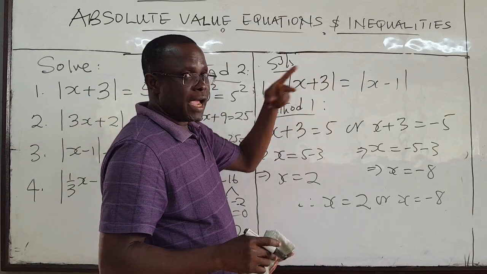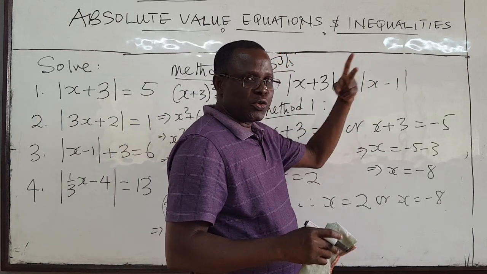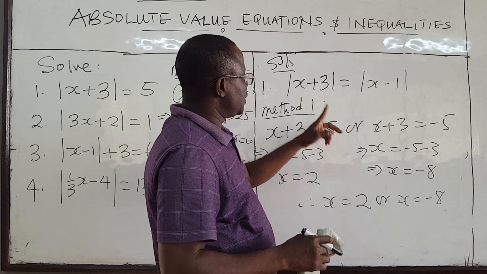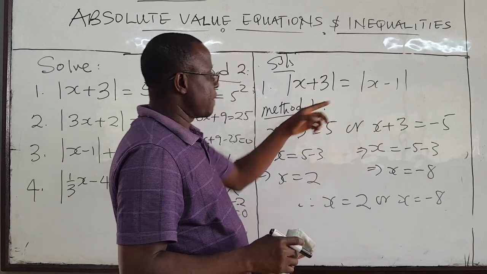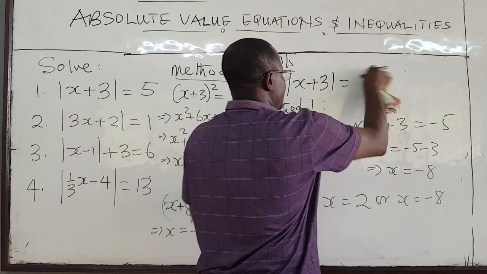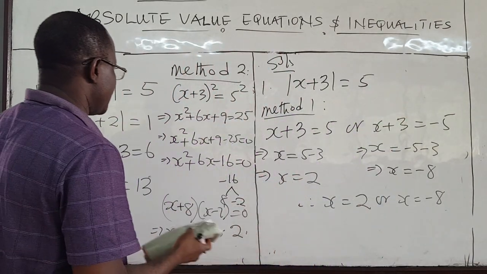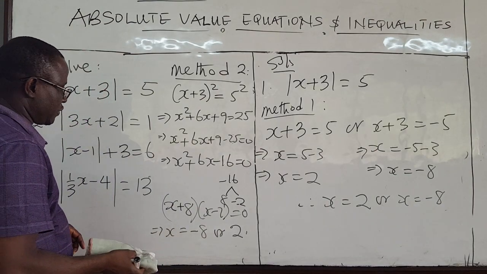This has plus or minus, that's 2 equations, and this has plus or minus, 2 equations, that gives you 4. So it's better to square both sides. Practice, and get comfortable with the method that you prefer.